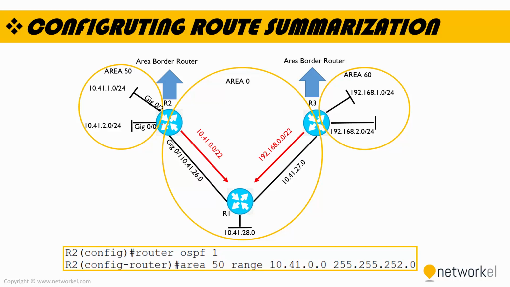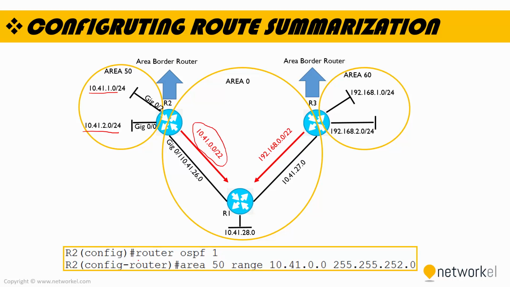And here's how we can configure route summarization on area border routers. As you can see, we have two routes connected to router 2, and I'm going to summarize these two routes using just one route.